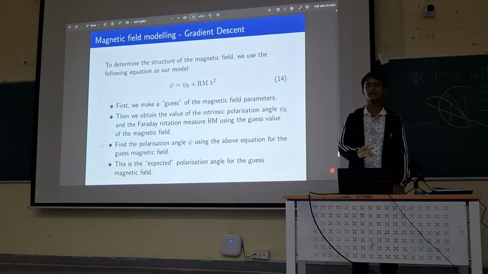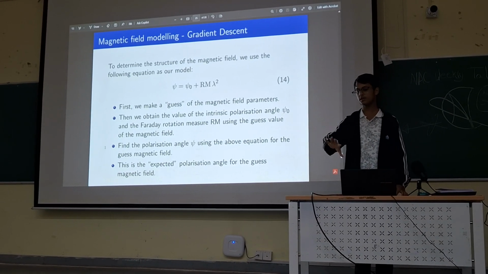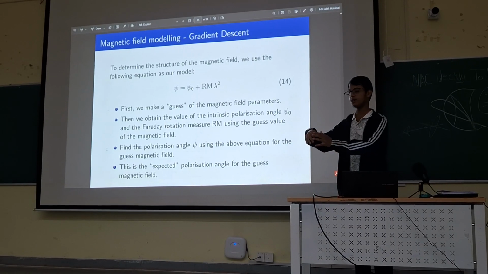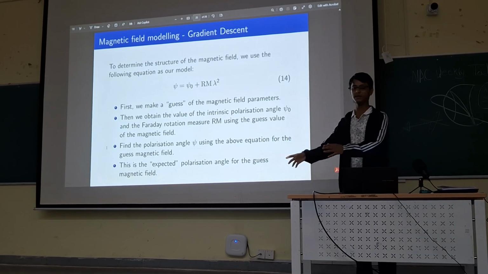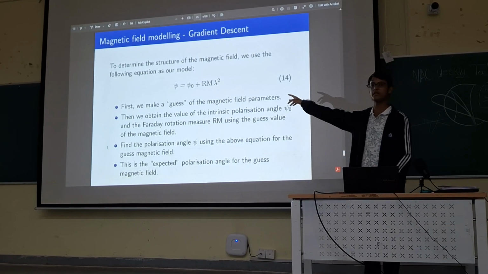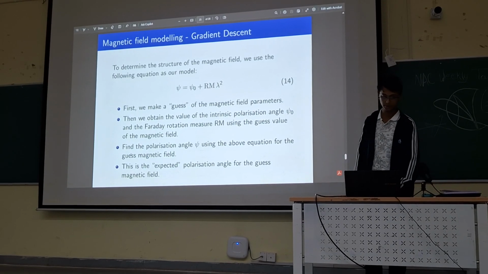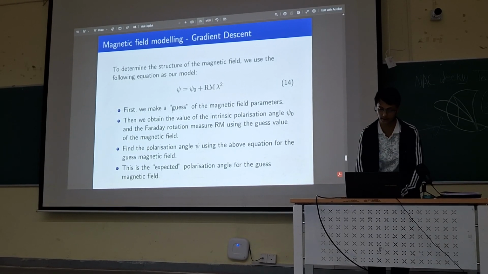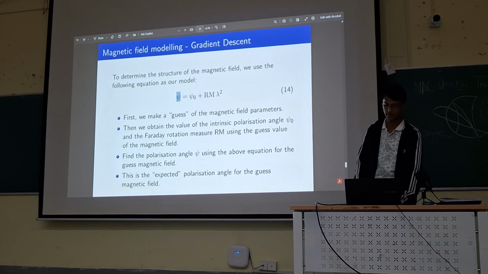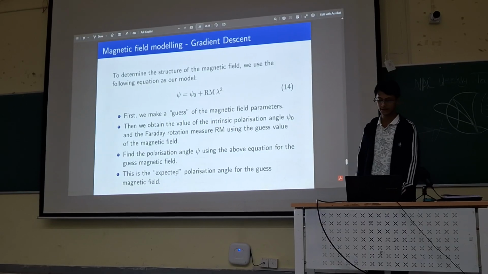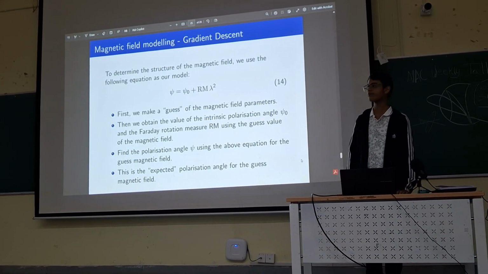If we guess that this is the magnetic field structure of the galaxy, then this is what we should observe as the polarization pattern. So we guess the magnetic field, and then we find what we should observe. This is the expected polarization angle for the guessed magnetic field.